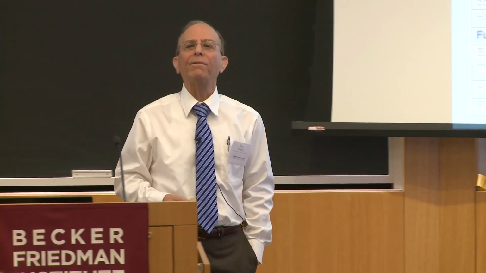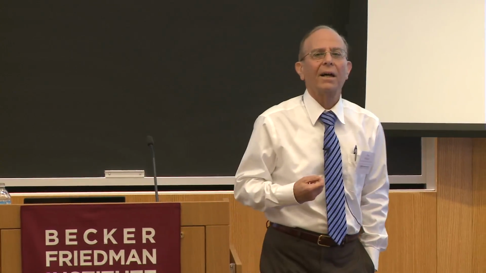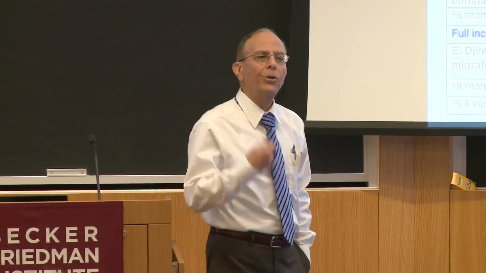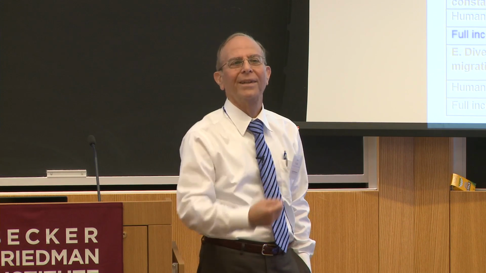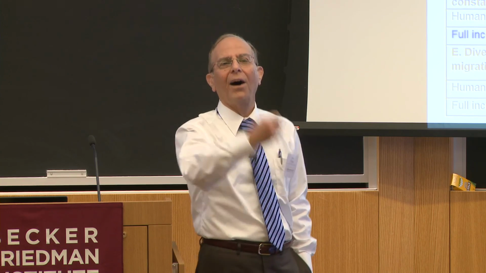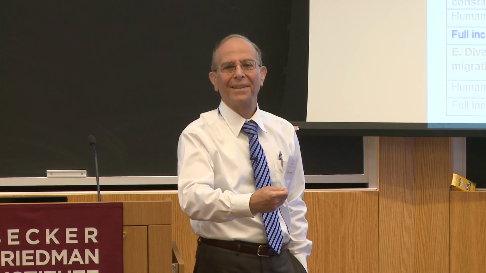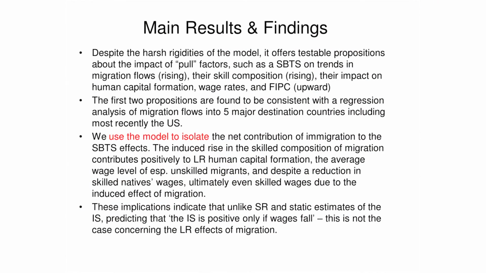But it primarily follows from the fact that the higher human capital formation that's driven by the skilled groups in the United States ultimately benefits the source country as well. And the combined benefits to the source country in this particular exercise exceed those in the United States.